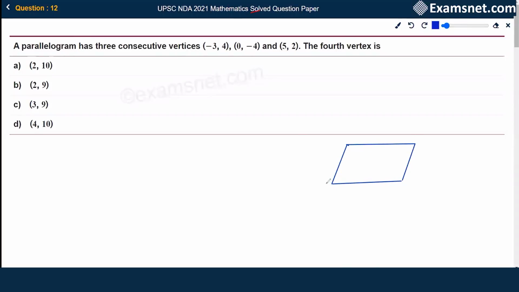We can name it A, B, C, D. So the vertices are (−3, 4), (0, −4), (5, 2), and we can assume the coordinates of D as (x, y).